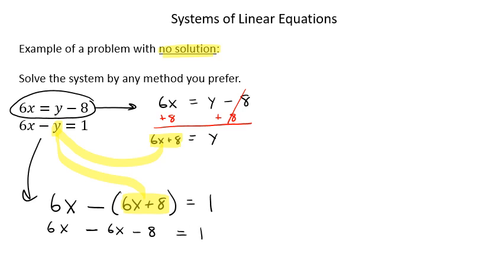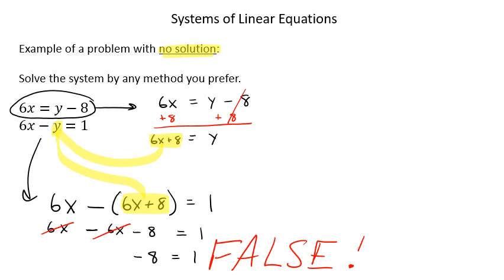Well, what's happening here? 6x minus 6x, they cancel. So we get negative 8 equals 1. That is a false statement. Negative 8 does not equal 1, not at least in this number system.